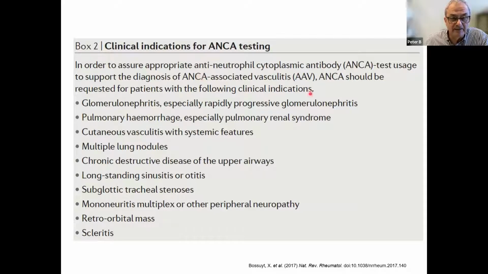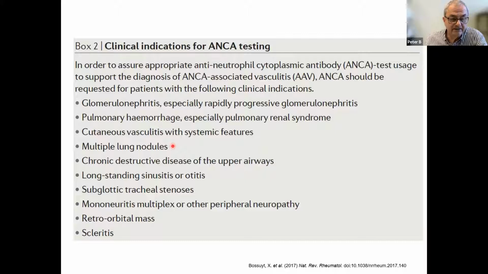and rapidly progressive glomerulonephritis, if you have lung involvement, cutaneous vasculitis, lung nodules, and destructive disease of the upper airways, long-standing sinusitis or otitis which does not respond to antibiotics, and also tracheal stenosis.